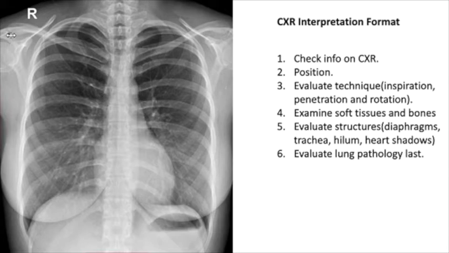That means you have to read the X-ray from outside to inside. So first you have to look at the muscles and soft tissues, then bones, then extrapulmonary structures, and then you go to the lung pathology.